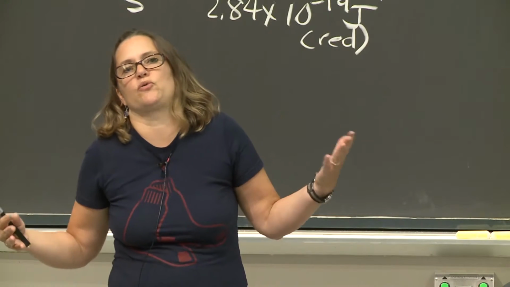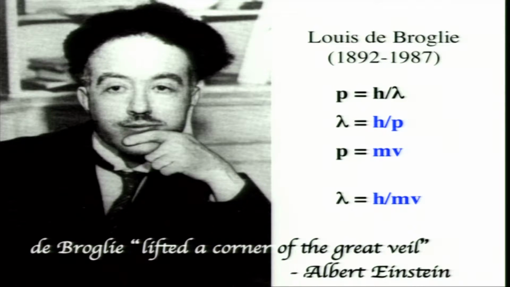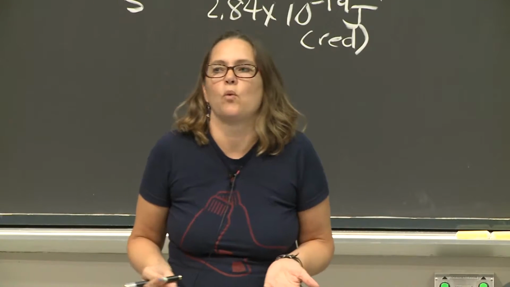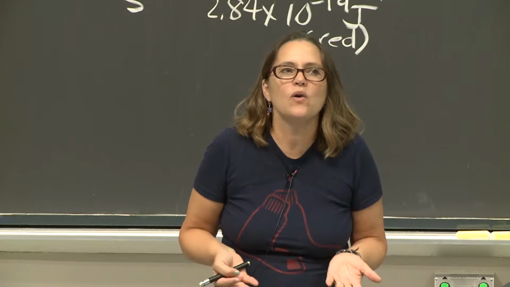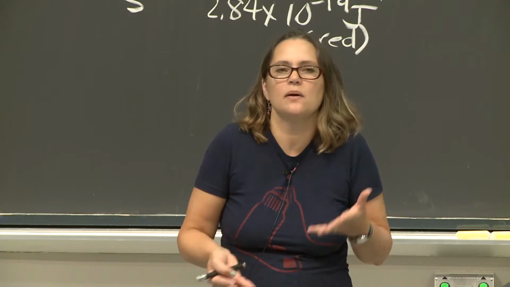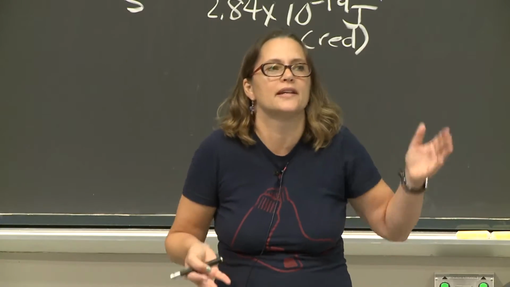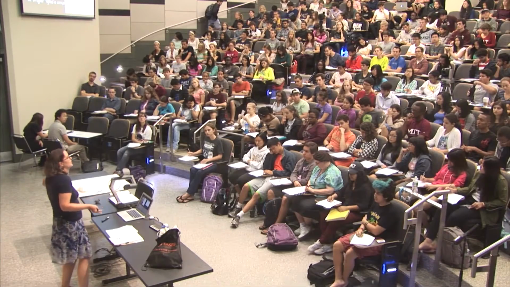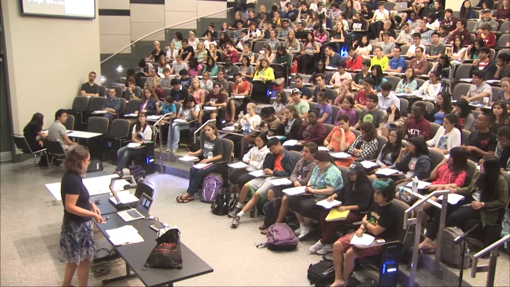Okay, so if you have equations that relate wavelengths to mass, and particles have wave-like properties, how come we don't see this? How come no one noticed a particle going by with a wavelength associated with it?